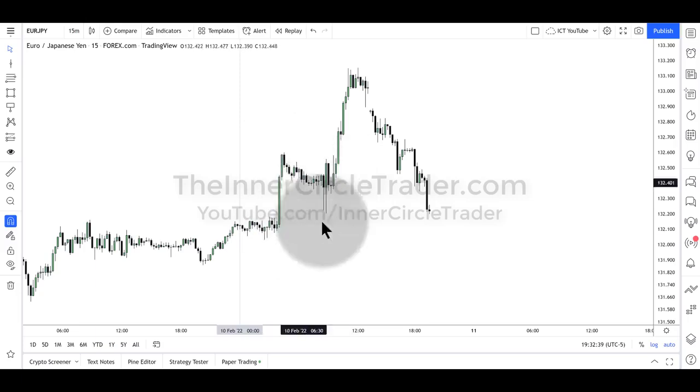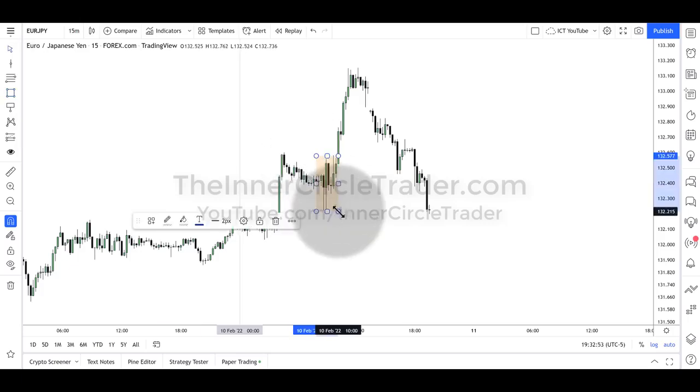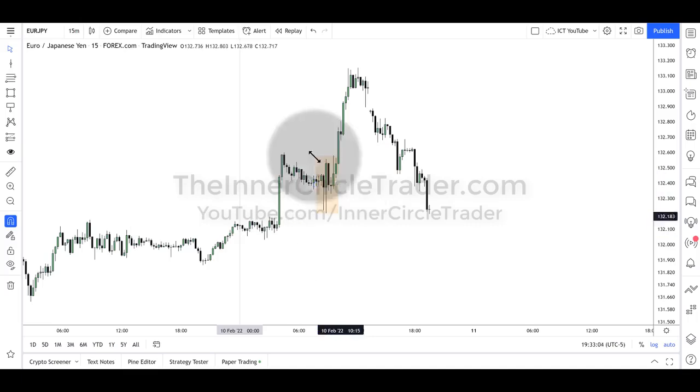So we're going to go into this price structure and ferret out the run that occurred in here. So I'm going to put a rectangle in this area so that way we know what we're looking at relative to this 15-minute time frame. You guys ask why I do PowerPoint slides. This is the reason why. Makes it a lot easier to go right to what I'm looking for.